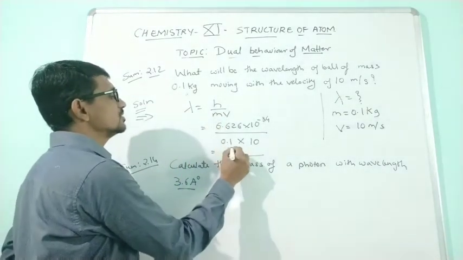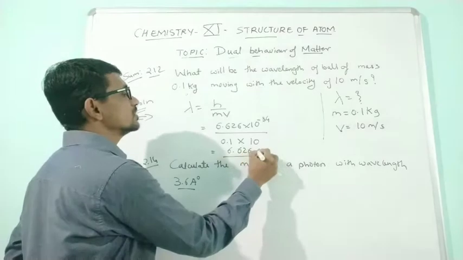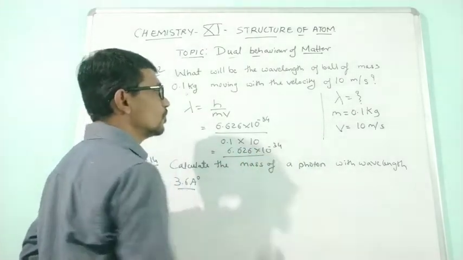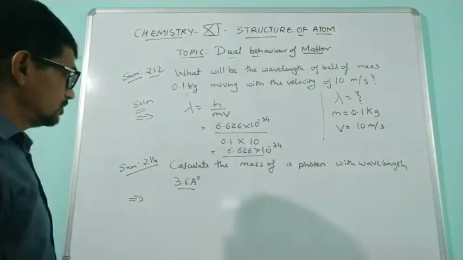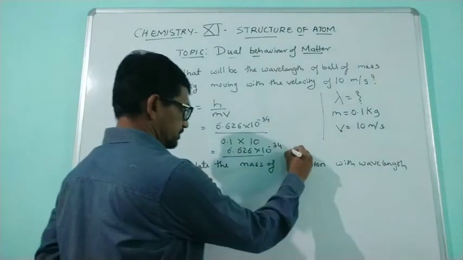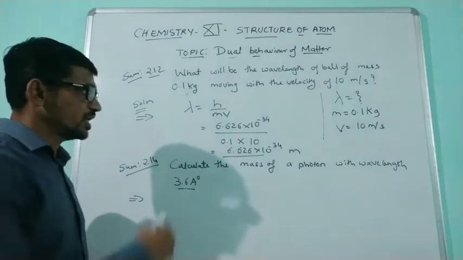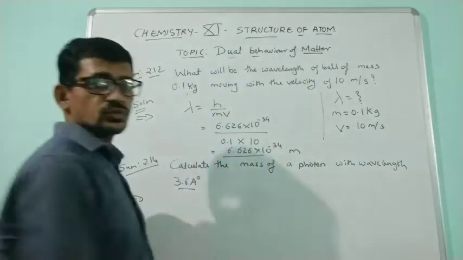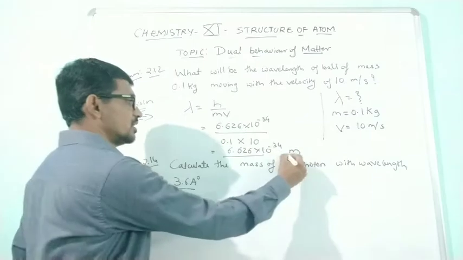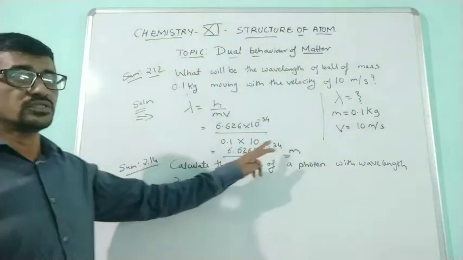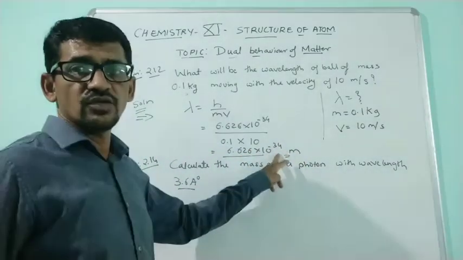So the answer is coming 6.626 × 10^-34 meter. That is the wavelength in meter. We can convert into nanometer also, but it is a smaller unit.